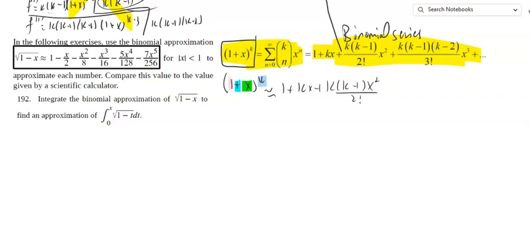That is x. I messed up. 1 plus kx to the 1 over 1 factorial plus k, subtract 1, subtract 1, and the list goes on.